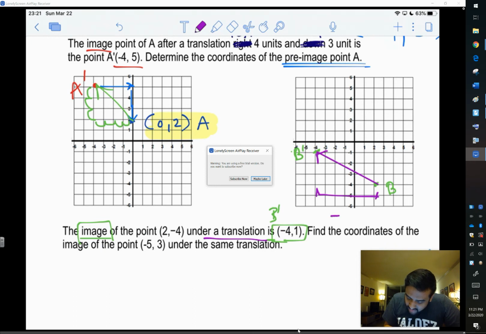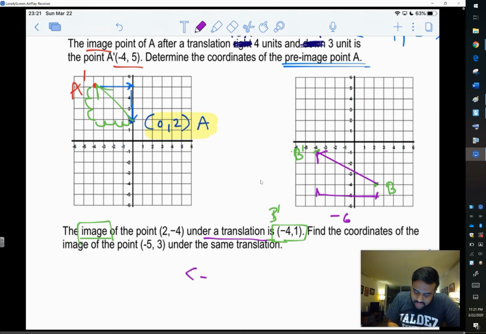That would be going left 6. So left 6. And looks like I'm going up. My old y coordinate was -4. My new one's 1. So -4, 1, I went up 3. So this is my translation right here.